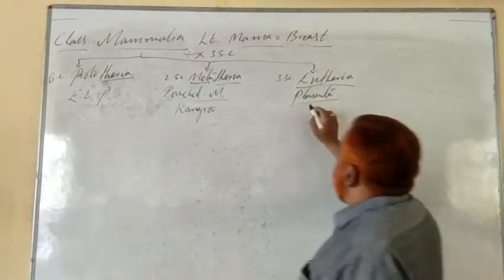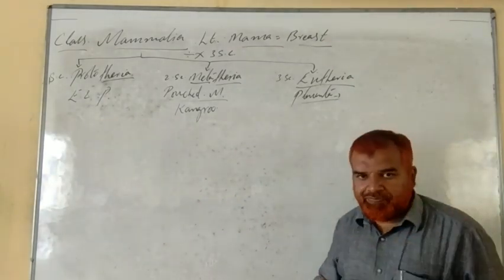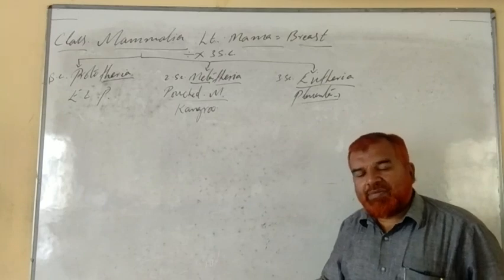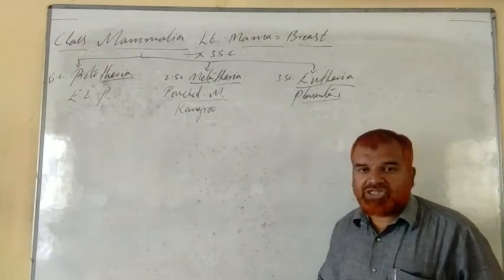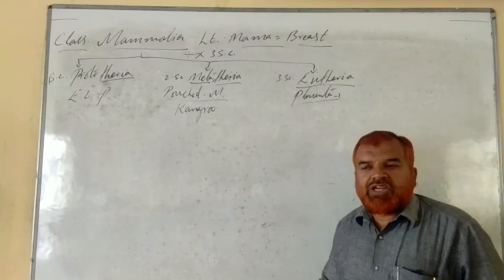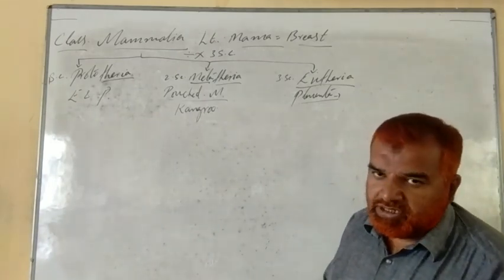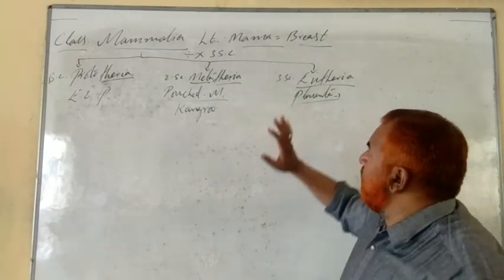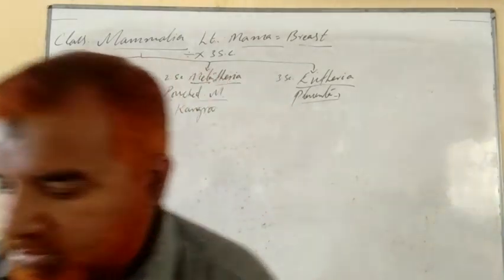All the higher mammals, including human beings, monkeys, chimpanzees, gorillas, elephants, rats, bandicoots, cats, all these mammals belong to Eutheria. I hope it's clear.